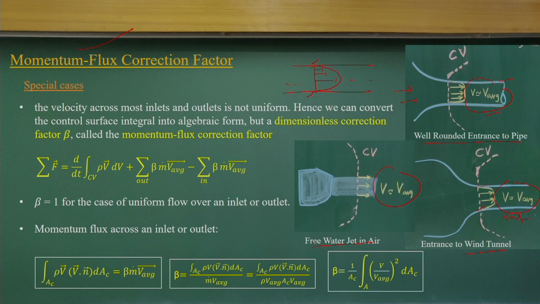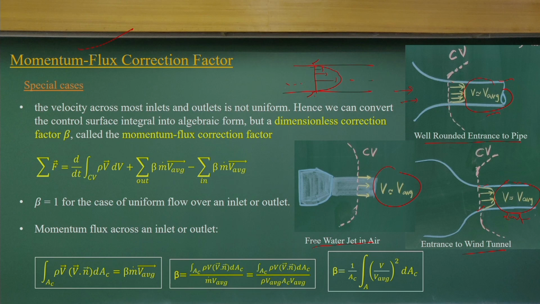In that case, as the velocity is not uniform, we need a correction factor for computing the momentum flux if we are using the average velocity concept. Try to understand that.